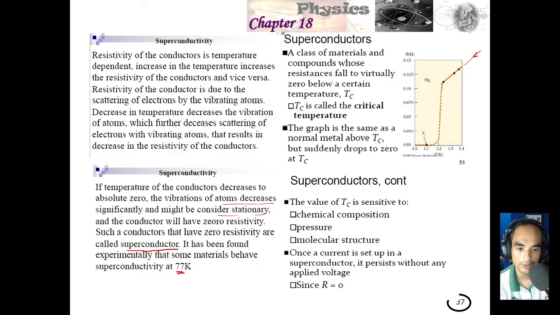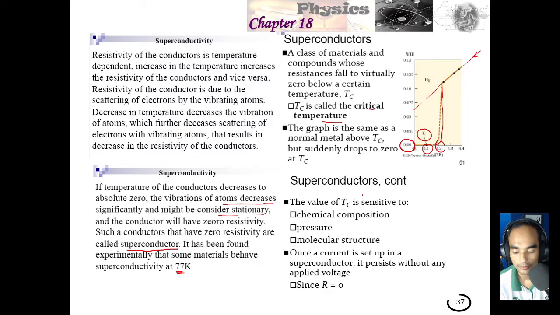You can see that it is no longer linear. It drops down dramatically between 4.2 and 4.1, and 4.1 is called the critical temperature. You see here, Tc, the critical temperature. This is when the resistance is zero. The resistance is already zero, so it has dropped to zero.